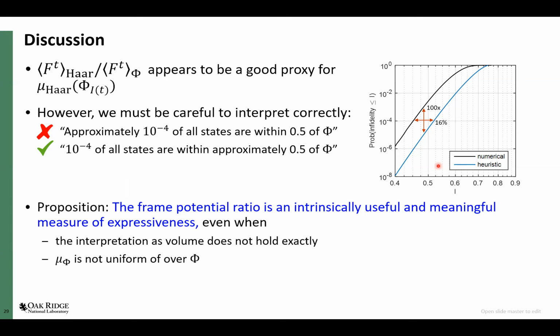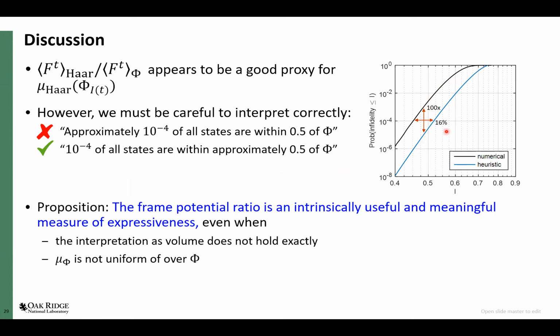And just a note about interpretation: these curves are very asymmetric, because they drop off so rapidly as a function of infidelity. If you were to interpret this curve as approximately 10 to the -4 of all states are within infidelity 0.5, then that wouldn't be very good, because there's a huge variation, a factor of roughly 100 in this fraction of states.